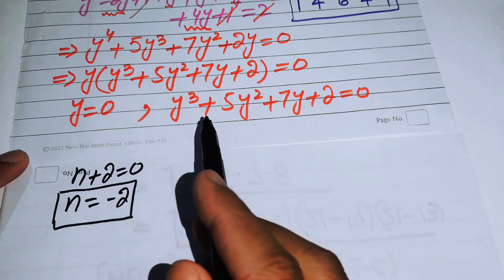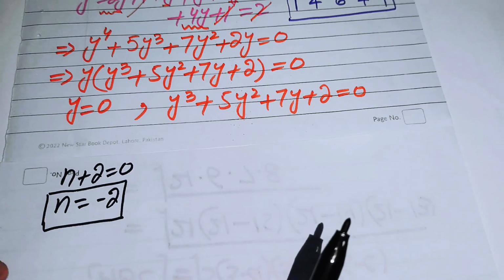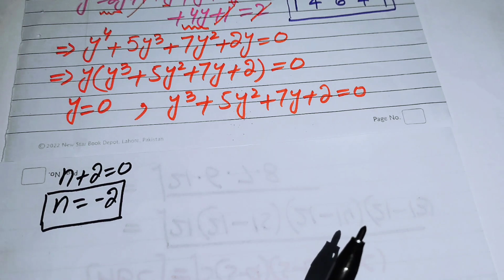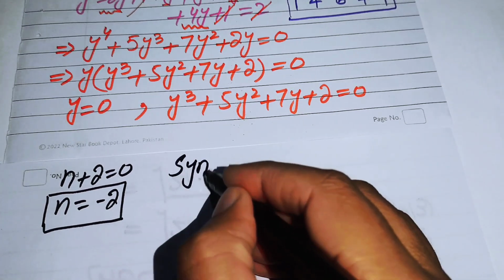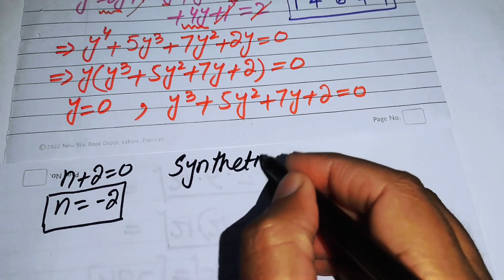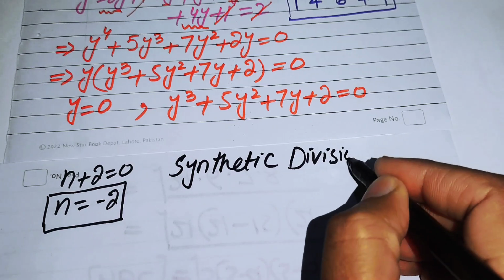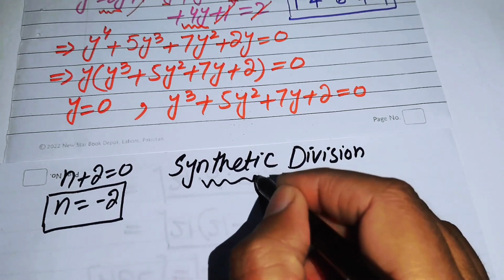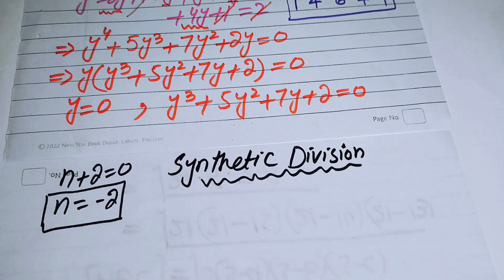And now we move towards this equation, and we will solve this equation by using synthetic division. I think you already know about synthetic division, but I will revise this concept again.